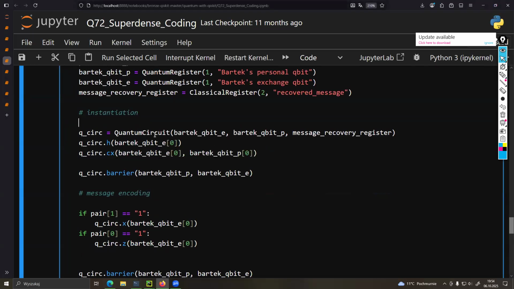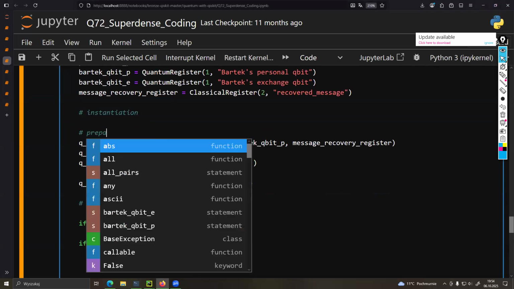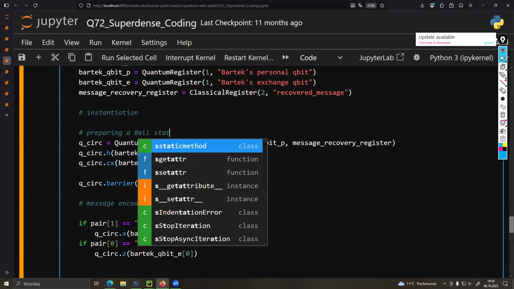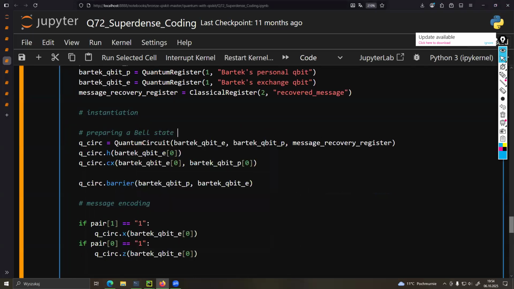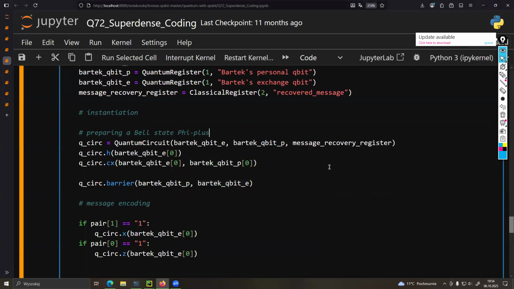A Bell state, phi plus, so this is like 00 plus 11.